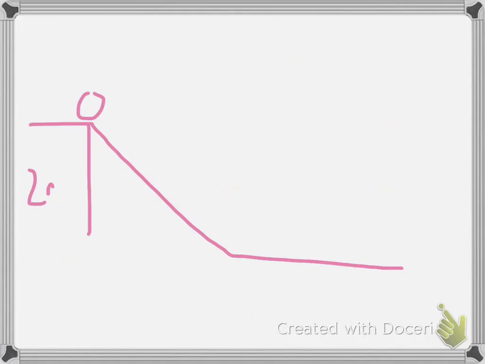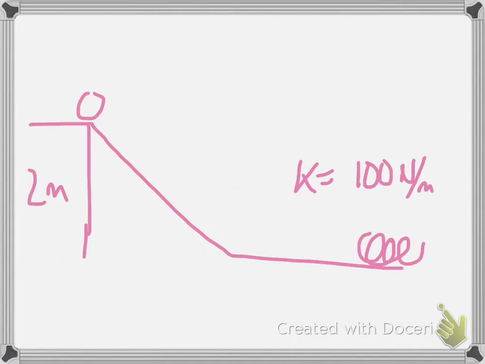You can also have problems where, like we did in class, a ball rolls down a hill that's, let's just say, 2 meters tall, okay, and it hits a spring at the bottom. This has a spring constant of 100 newtons per meter. And let's say the ball has a mass of 1 kilogram.